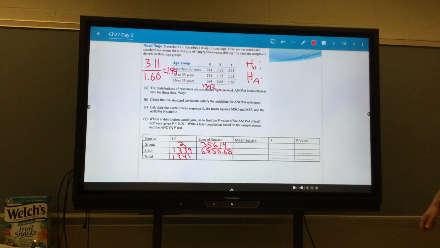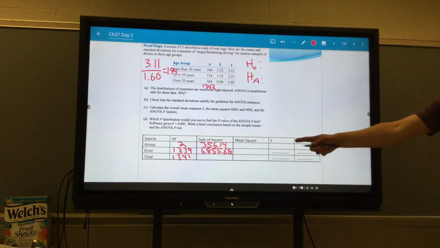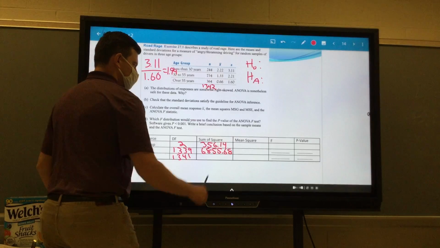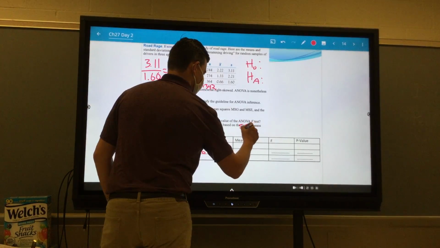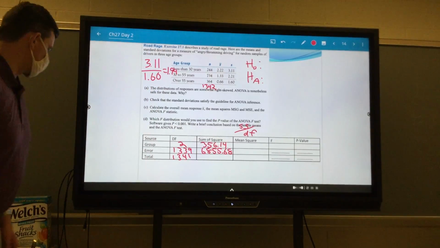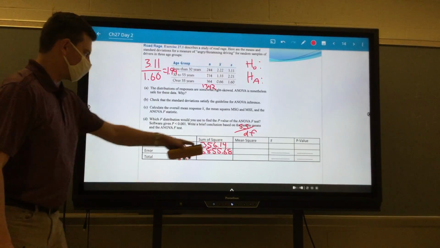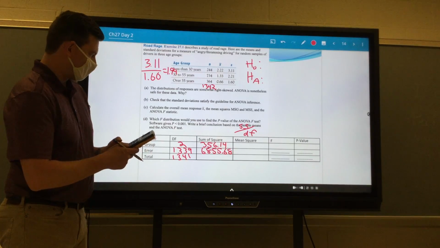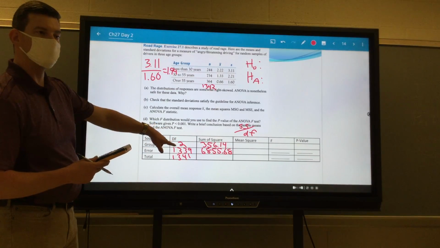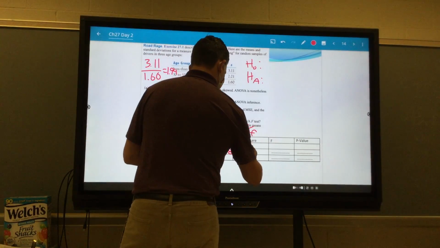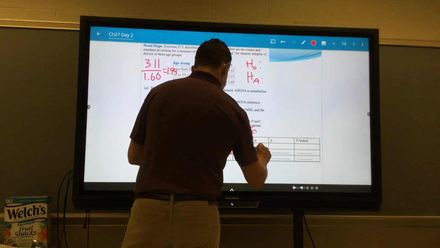In this case, we need to find the mean square. And we had said that you can find this column of data by doing your sum of squares divided by degrees of freedom. So, our sum of squares, 356.14, divided by our 2 degrees of freedom in the group, in our numerator, takes us to 178.07.